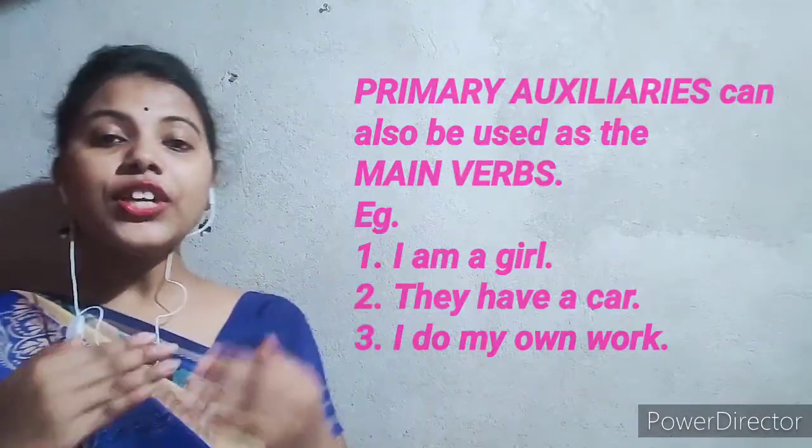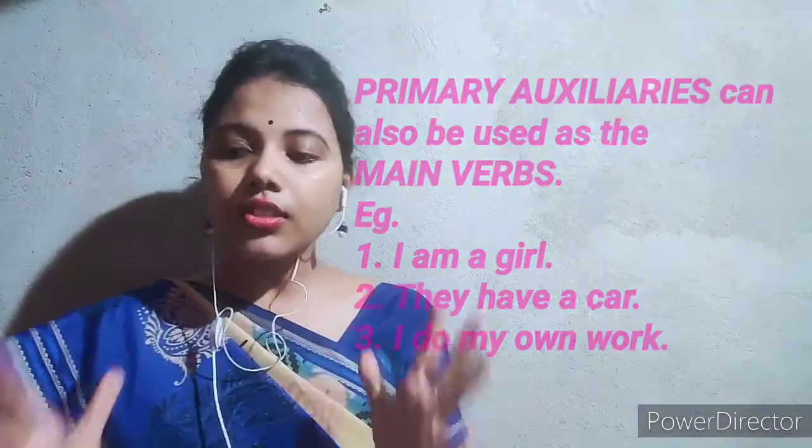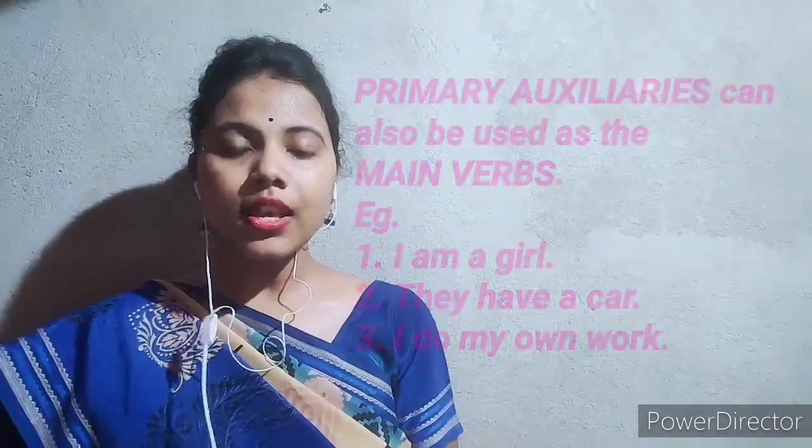So, which are the basic features of primary auxiliaries? After all the discussion, all the explanation, what did you understand? Tell me. You see, I can say there are some prominent features. First of all, they are called helping verbs, but they also can be used as the main verb of the sentence.